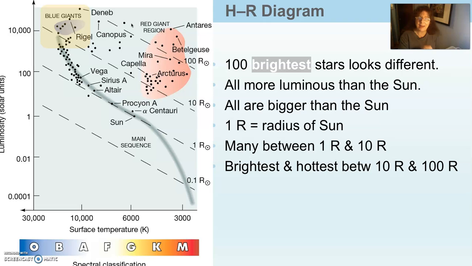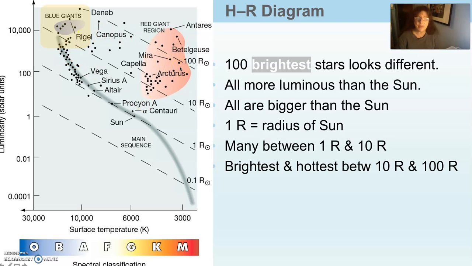But it's a beautiful way to analyze the data for this. When we add on the 100 brightest stars, which are not the closest stars in our universe, things start to really change up quite a bit for this HR diagram. All of the 100 brightest stars in the universe are brighter than our sun. And that means that, guess what? All of them, or the vast majority of them, have a larger radius than our sun.